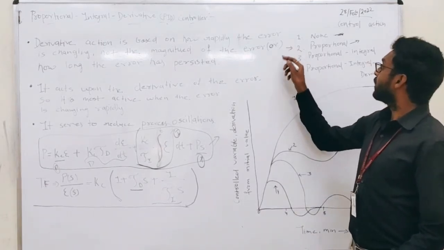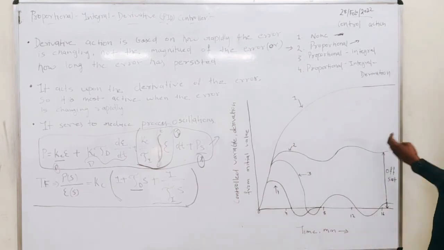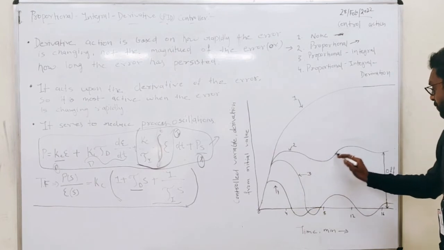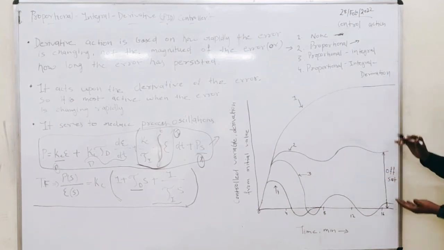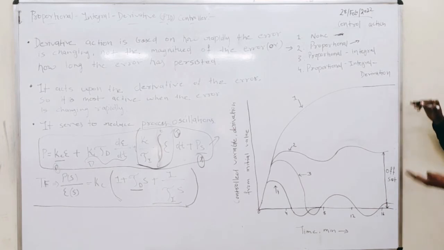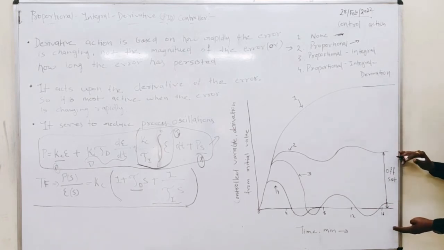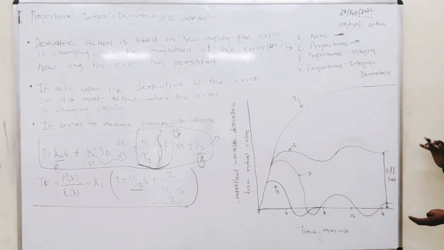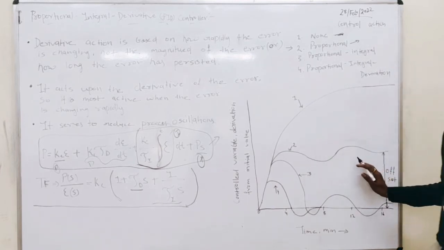The second one is the proportional action. If we add a proportional controller to the system, there will be oscillation, but it takes less time compared to the no controller case. The offset value is a little bit high, and there is oscillation in the output value.